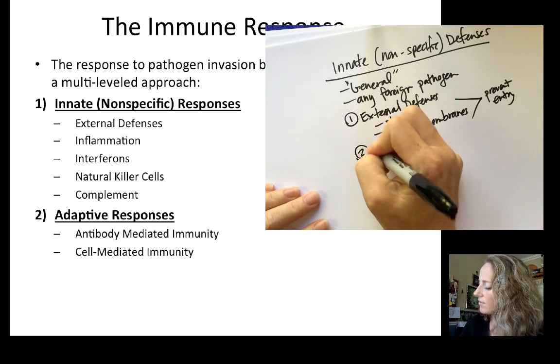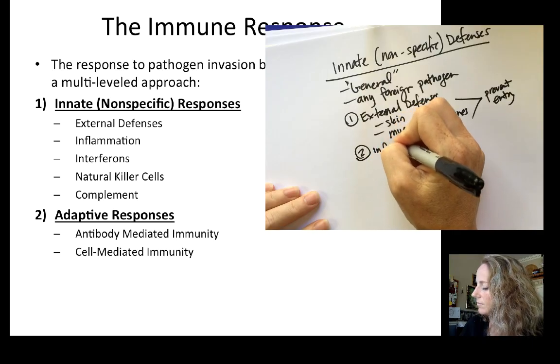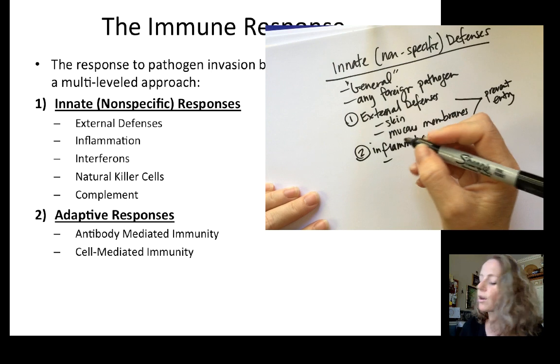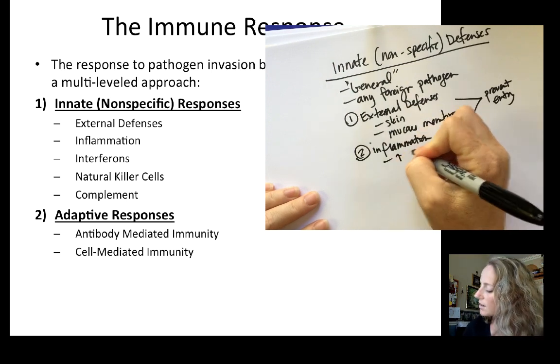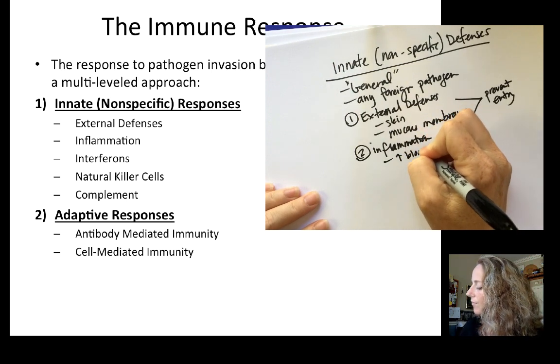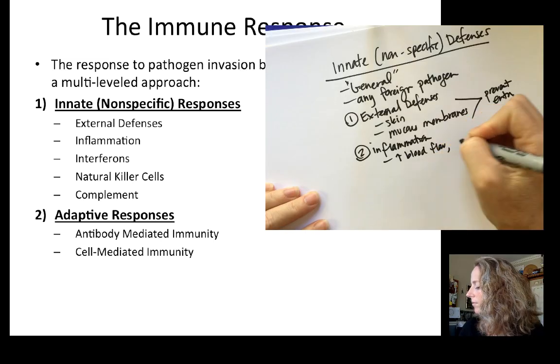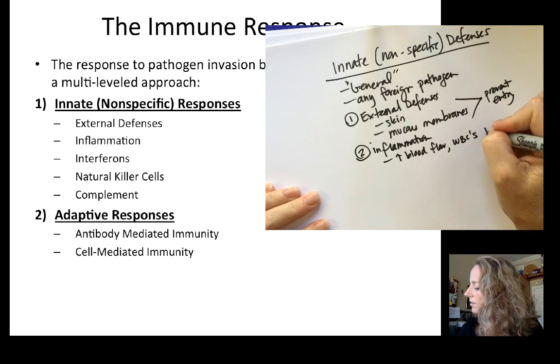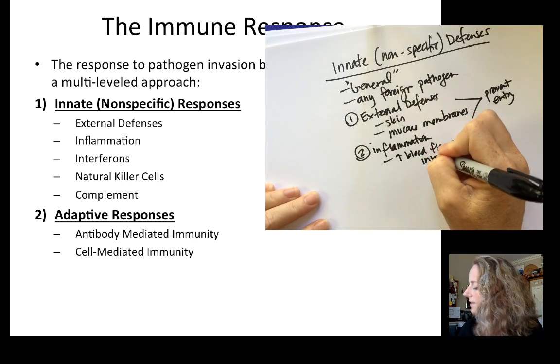Then we have inflammation, which is generally going to try to increase blood flow, white blood cells, to an injury site.